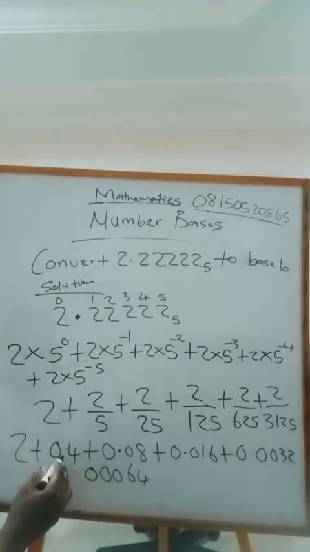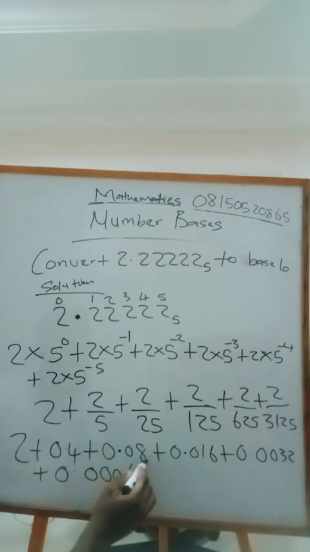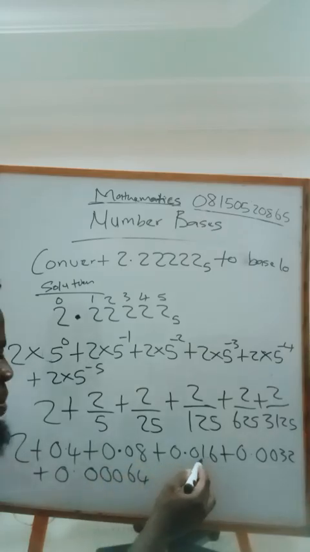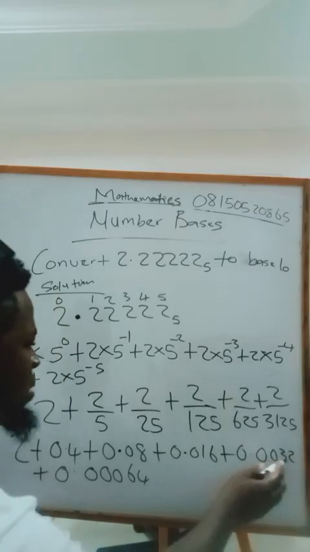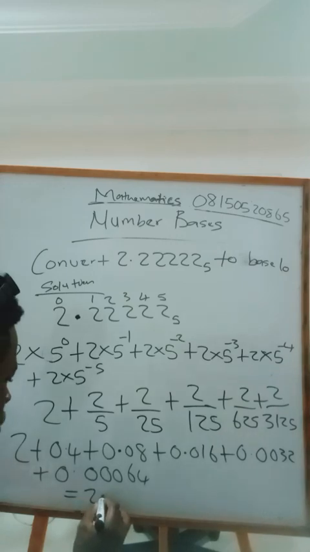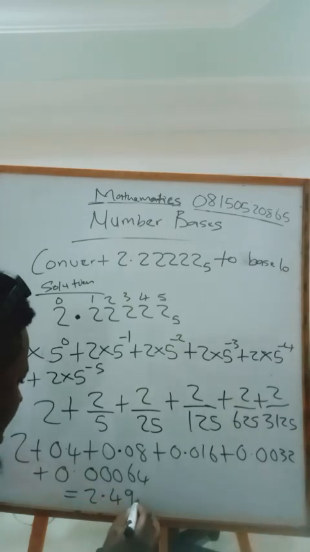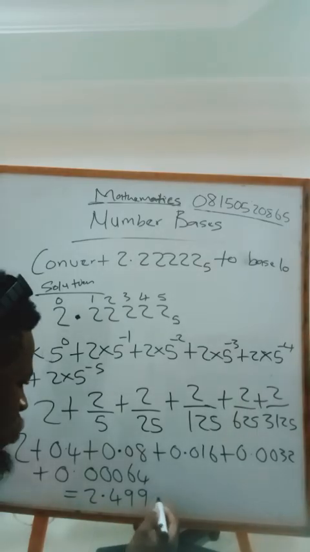If you look at this one, it's 0.4, you add 0, it turns to 0.8. This one will be 3 decimal places, 1 2 3. This one has to be 4, 1 2 3 4. That's why it's 32. This one has to be 5, 1 2 3 4 5. So if you go and check it, you have 2.49984, I think.